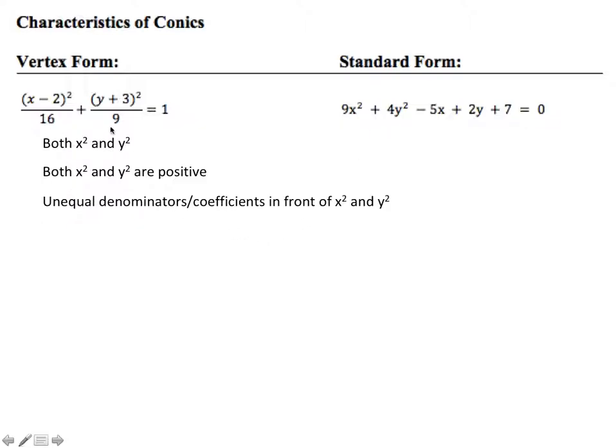Which means I can't multiply through by a 16 or a 9 to clear fractions. I would have to multiply through by whatever 16 times 9 is. So since those denominators are unequal, this conic has got to be an ellipse.